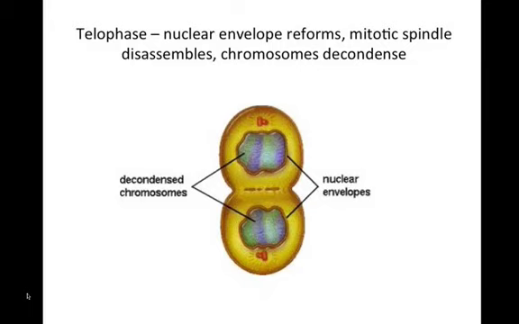And you should be thinking, well, how does this all happen? Don't forget, all of this was controlled by phosphorylation by MCDK. Now MCDK is gone because APC actually degrades it, and then you get upregulation of phosphatases that start to dephosphorylate. And this is, I believe, where we end.